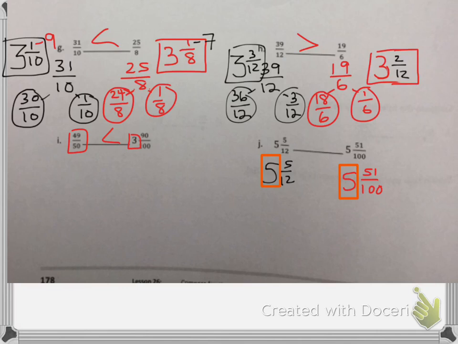Which one is almost a half? 5/12 is not a half yet. It has to be 6/12. So it's close to a half. But what about 51/100ths? What's half of 100? You should say 50. So this one is closer to a whole. It's already a half. So 5 1/2 right here. So this is our larger fraction.